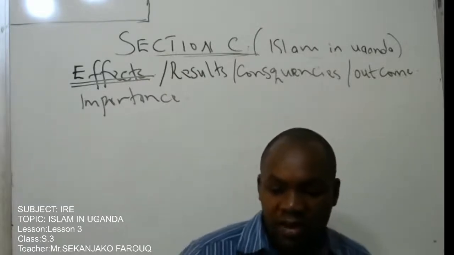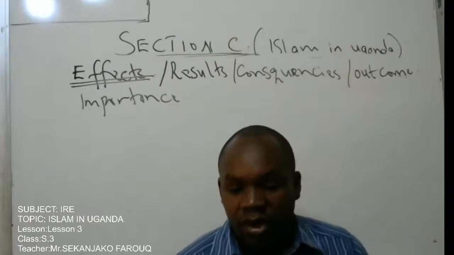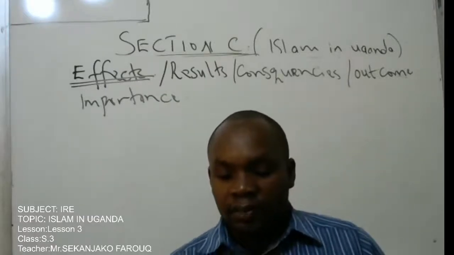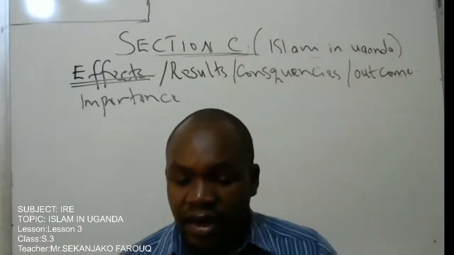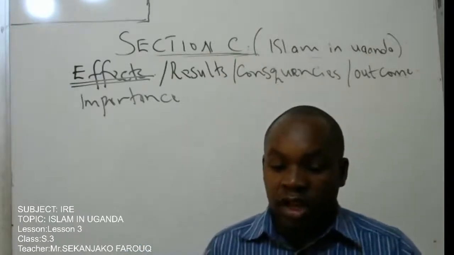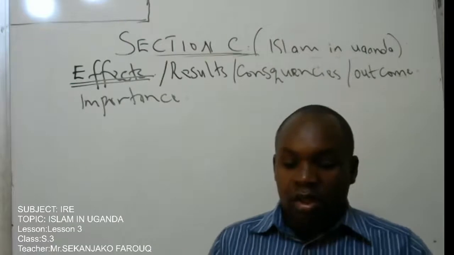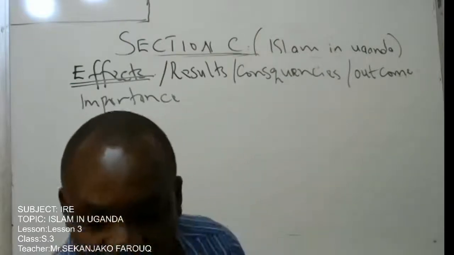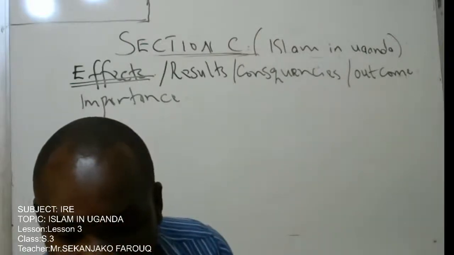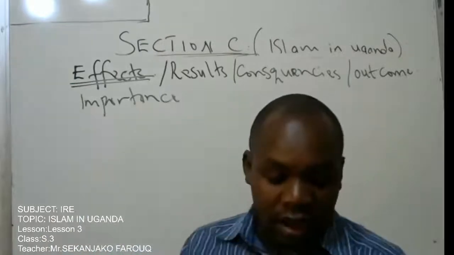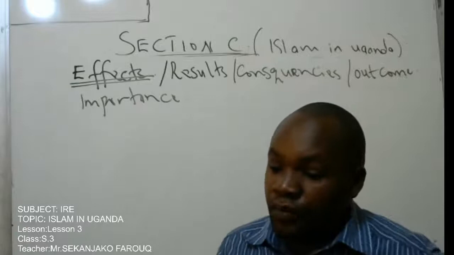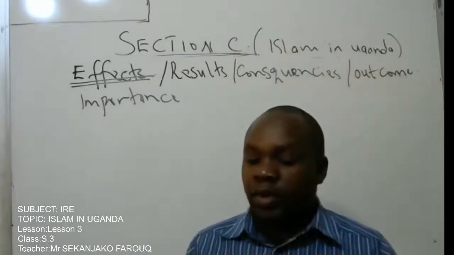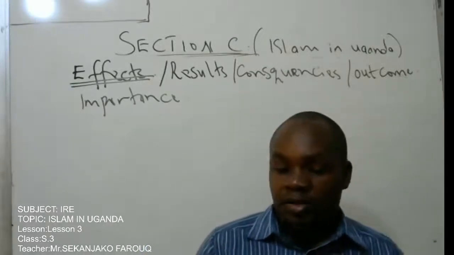Many Muslims were separated from their relatives. Okay, we have talked about that. Then the wars made the Muslims of Uganda develop a spirit of jihad. The wars also separated the true Muslims from pretenders, because at first we had those who had officially embraced Islam, but when they went into fighting, some had to desert.